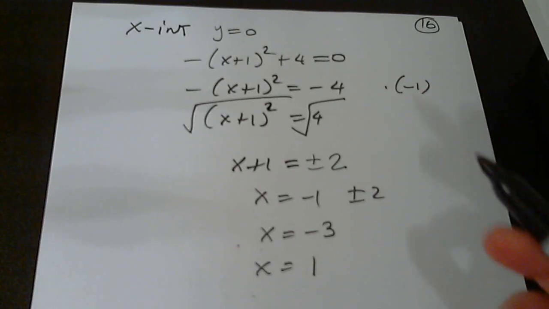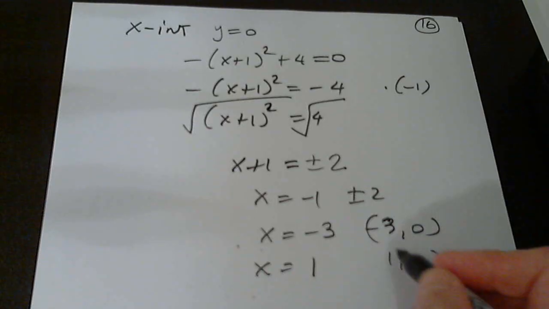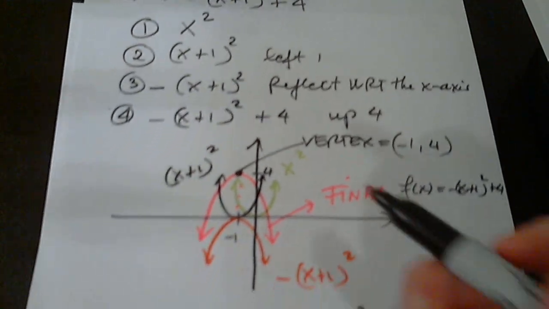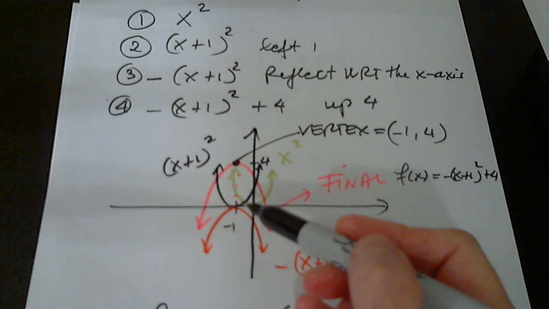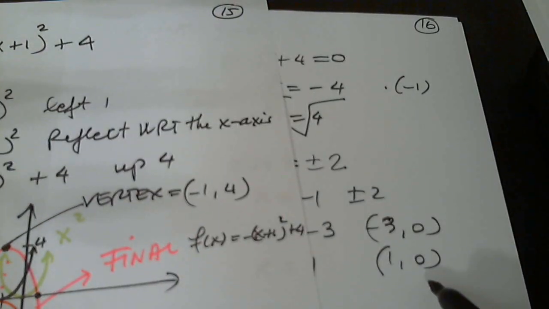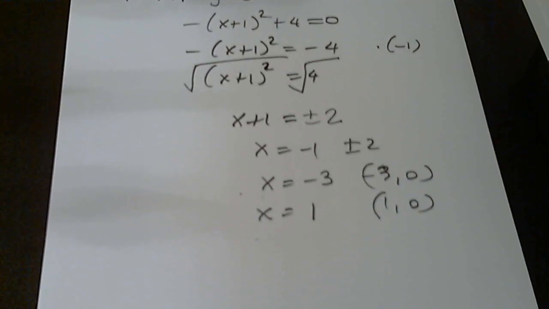So I found the x-intercepts: negative 3 comma 0 and 1 comma 0. I can go back and make some adjustments to the graph. This is one of them, the negative 3, 0, and this is the other one, the 1, 0. Good. This was the x-intercept.